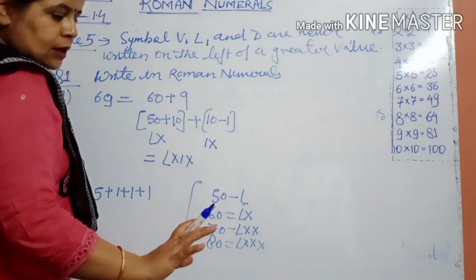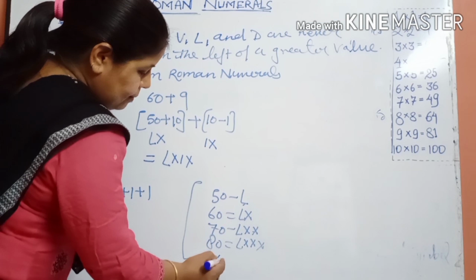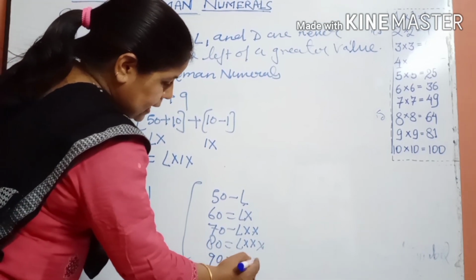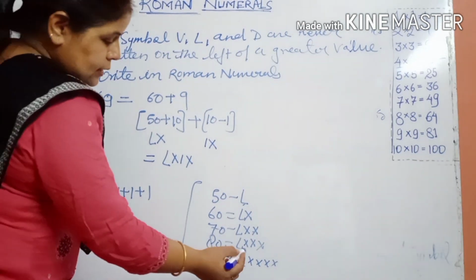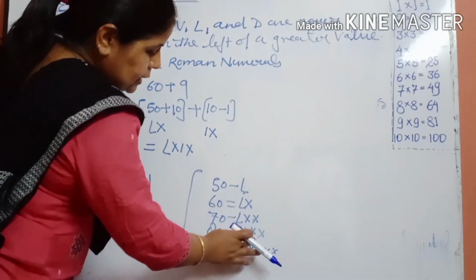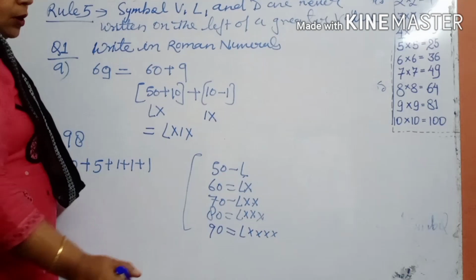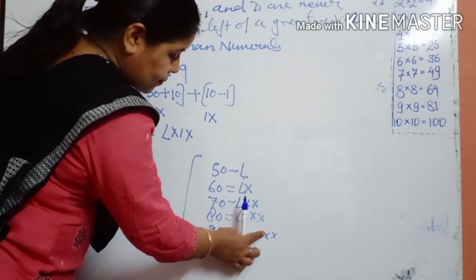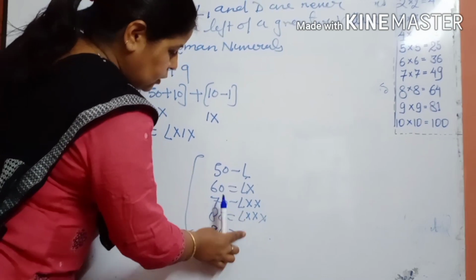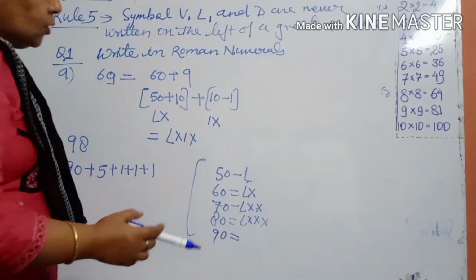So now further, if you write 90, many children do it like LXXXX. That is wrong. According to the rules, we cannot repeat one symbol more than 3 times. Here in 90 it would come 4 times, so it is wrong. In this case we will move further to 100.